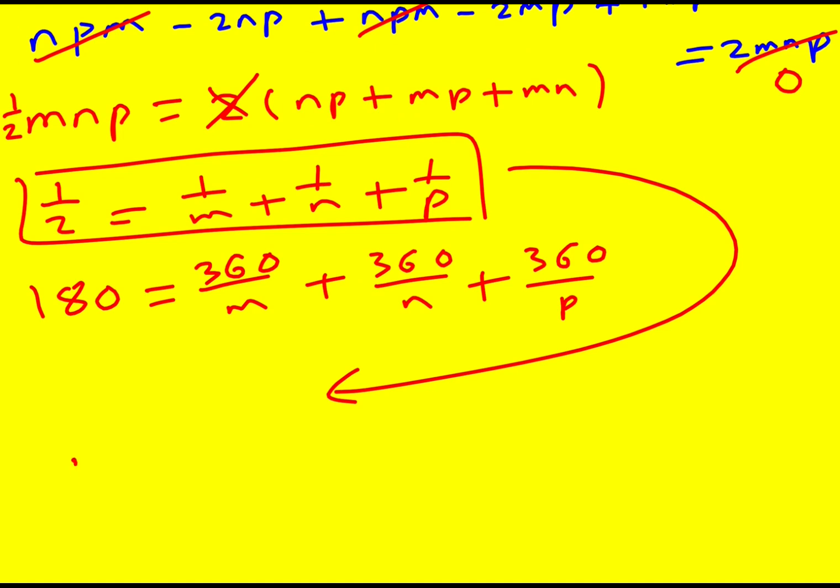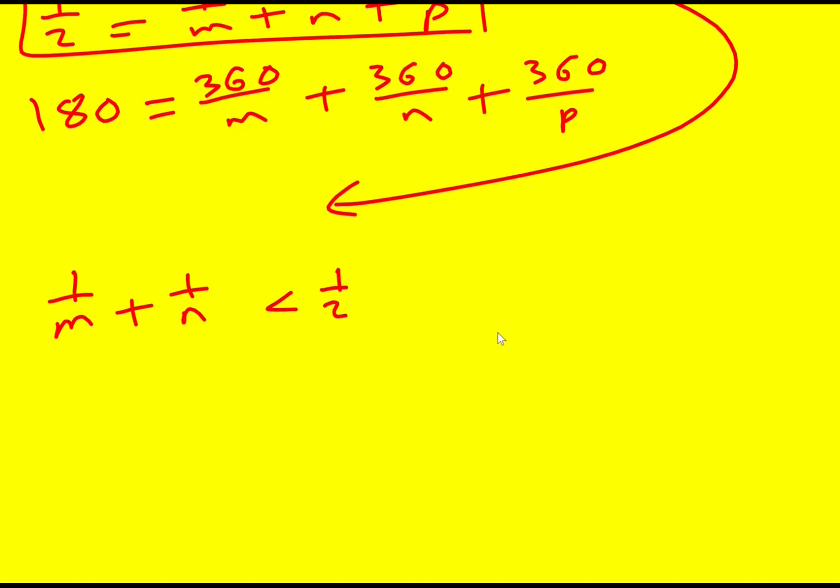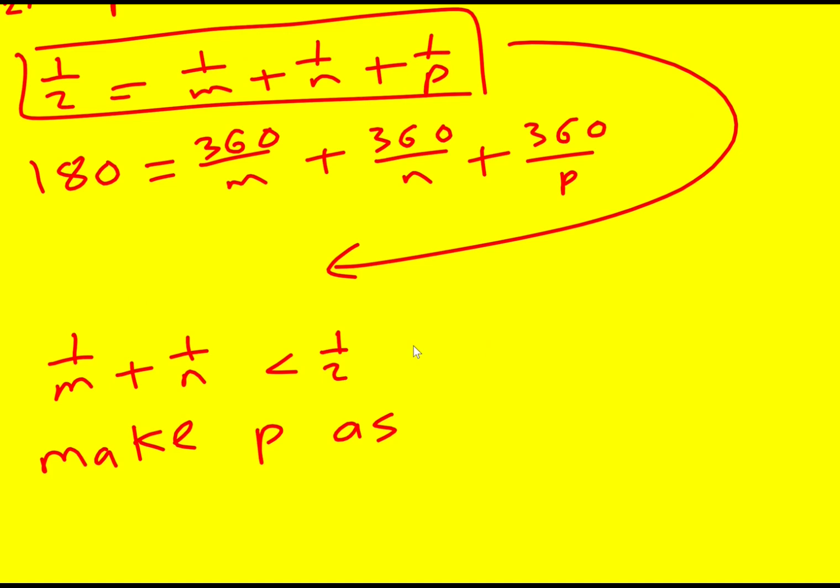So the first thing to say is that clearly 1 over m plus 1 over n has got to be less than a half because 1 over p is positive. So that is a useful result to know. And we want to make p as big as possible. That was the whole point of the question.